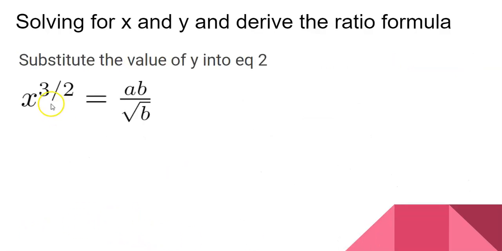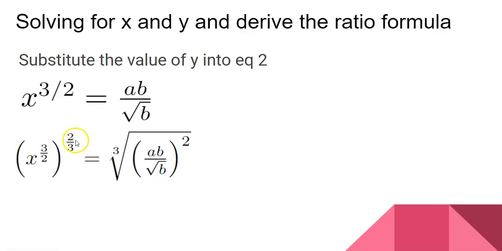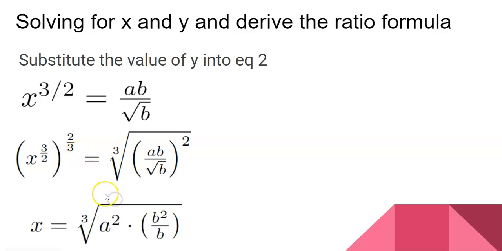Next, we raise both sides to the power of 2/3 so that the exponent here at the left side will be equal to 1. 3/2 times 2/3 is equal to 1, right? So we just have x on the left side, and then we rewrite everything at the right side this way.